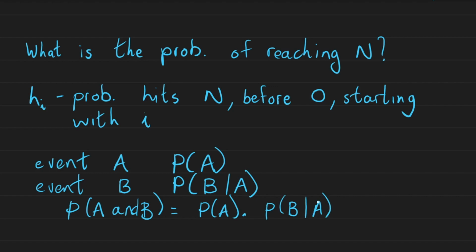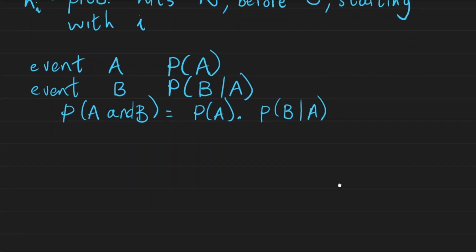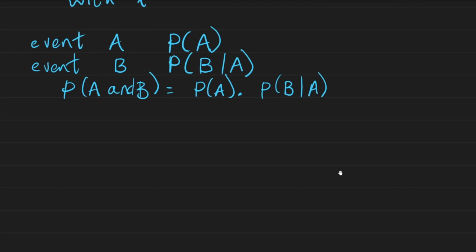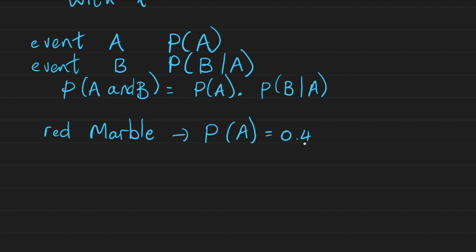This is conditional probability. A simple example of this would be if you have a bag and you draw a marble from the bag, and if the marble is a certain color, then you flip a coin. Let's say the marble is red, and this corresponds to event A, and this is equal to 0.4. Then if we draw this red marble, we flip a coin. Of course, you can get either heads or tails.